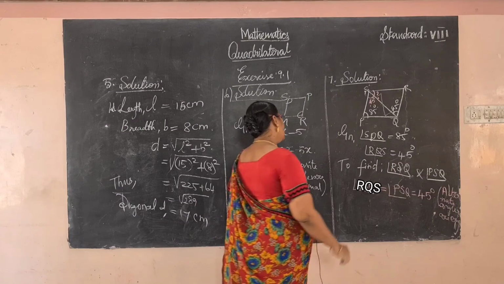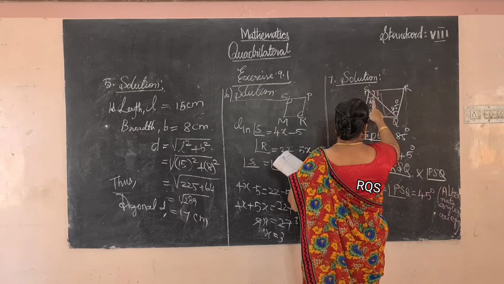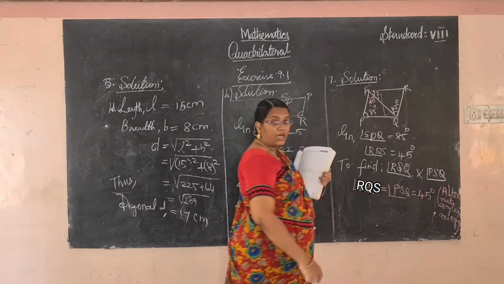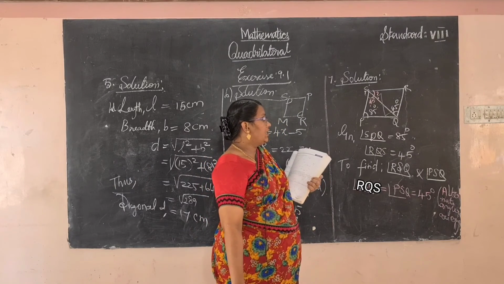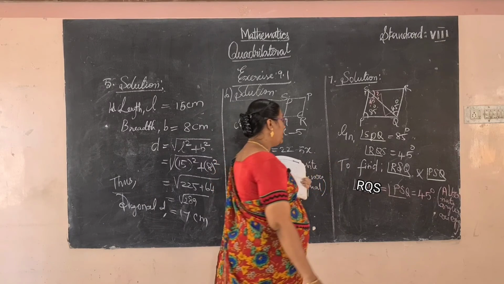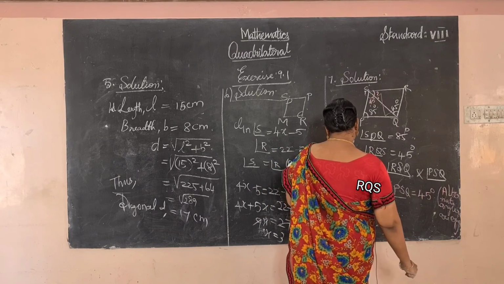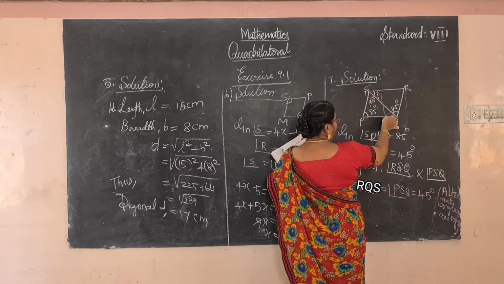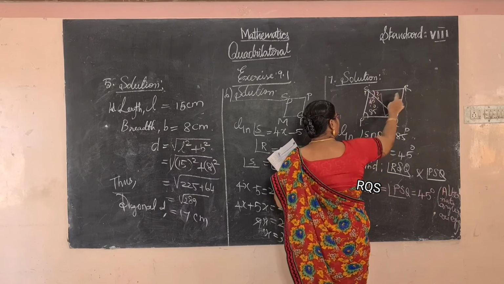Next, how can you find out this? Here 45 degrees. Here is the bisector. So what is the relation between the bisector of the two angles? Equally divide. Or otherwise we can use that opposite angles are equal.